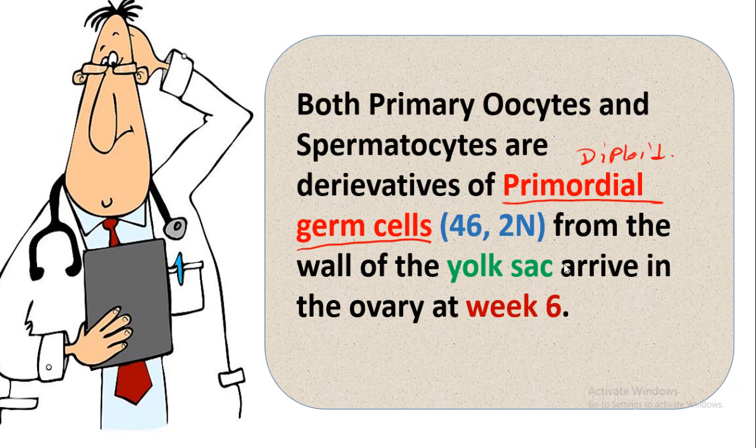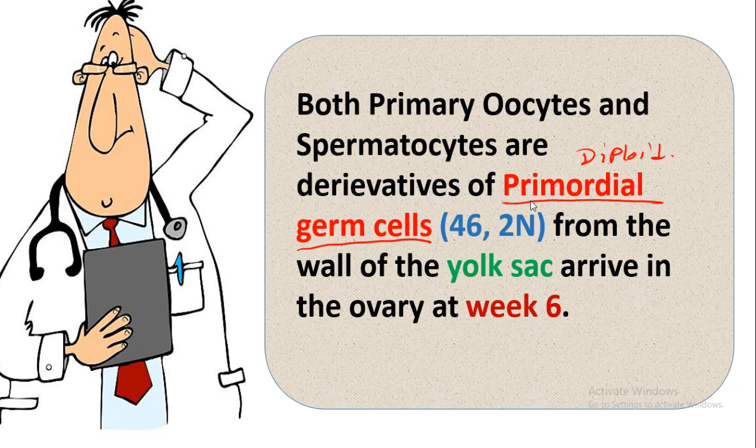Chromosome. They have 2 sets of chromosome, which is 46 chromosome, making up 23 pairs, because chromosomes exist in pairs. So they make up 23 pairs, adding up to 46 chromosomes. And that 46 indicates a diploid number of chromosomes.